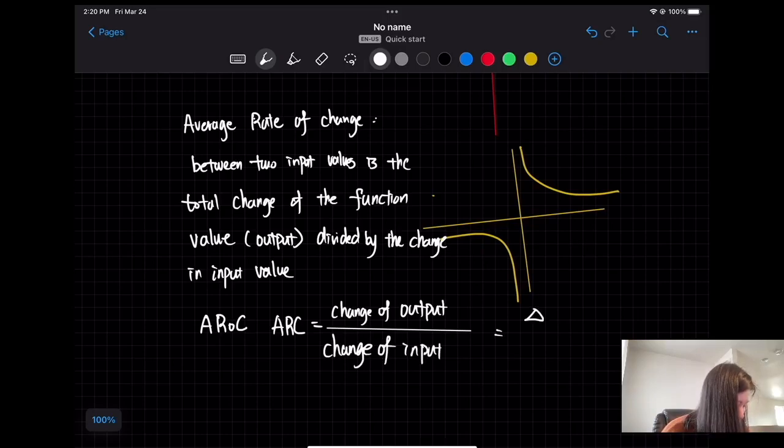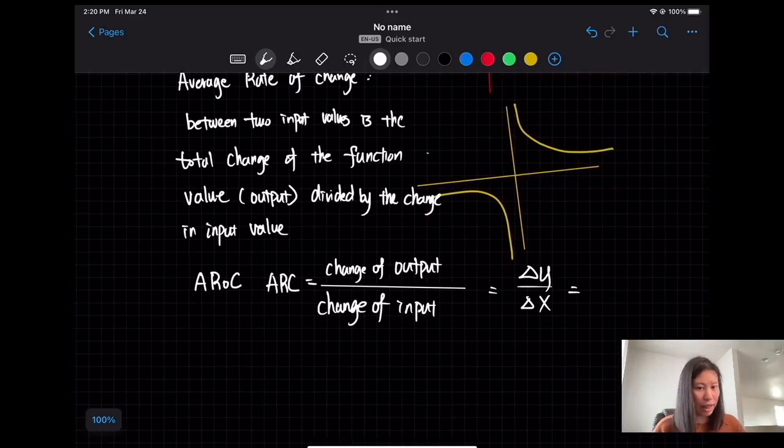In math, we use delta, the change of y over the change of x. So again, this is very similar to slope. It's going to be y2 minus y1 over x2 minus x1.